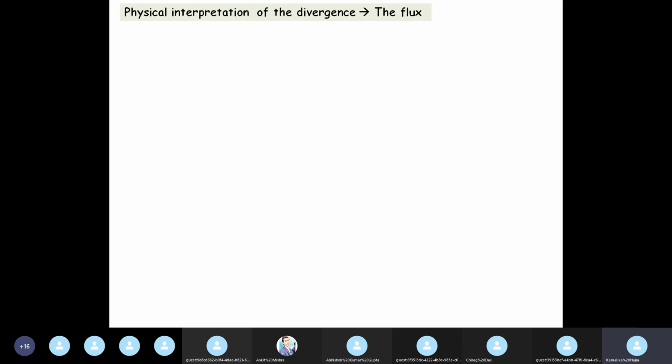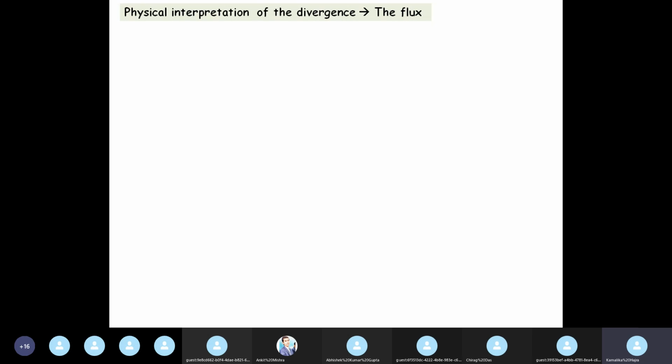What does that mean? It means that when the show breaks, all the people who were inside the movie hall, they all try to come outside in a hurry. So there are a lot of people coming out through the gates of the movie hall at that particular point of time. So the number of people passing per unit area of the gate per unit time is very high, which means that the flux is very high.